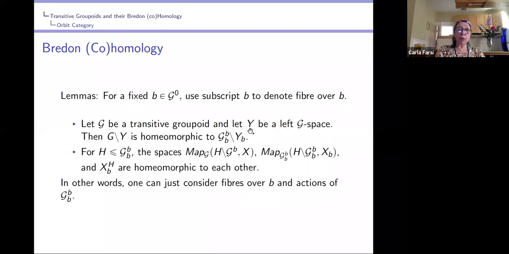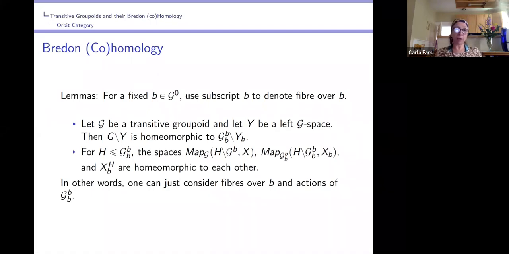But if you take a space Y over this groupoid X, then Y over G, sorry, I should have put a script G here, not G like that. It should be a script G. Y over G, meaning the space over the action of the groupoid, will be homeomorphic to Y_b, that is the fiber over b through the anchor map, over G_b^b. And Y doesn't need to be a transitive space here.